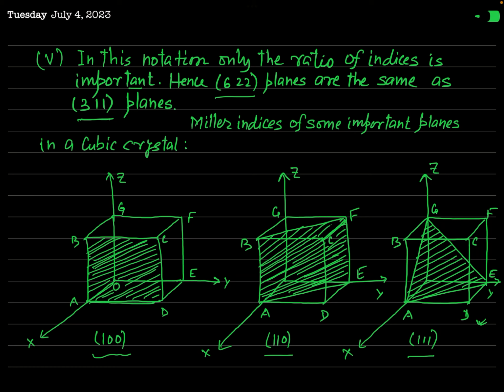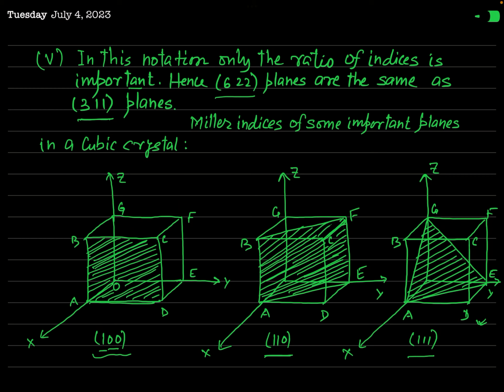So corresponding to y and z, the Miller indices are 0, 0, but the x-axis is perpendicular to it, and corresponding to that the Miller index is 1. But the plane ABFE is parallel to the z-axis, and so its Miller indices are 1, 1, 0.